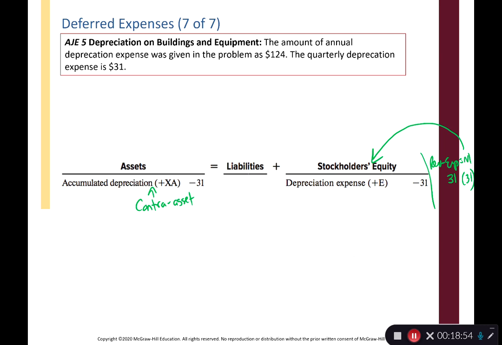The reason we do this is we want to know how much was originally paid for the buildings and equipment versus the amount that's been used up. So in the buildings and equipment account, it would show the amount that we paid for those assets. In the accumulated depreciation account, it shows the amount that we've used up over time.